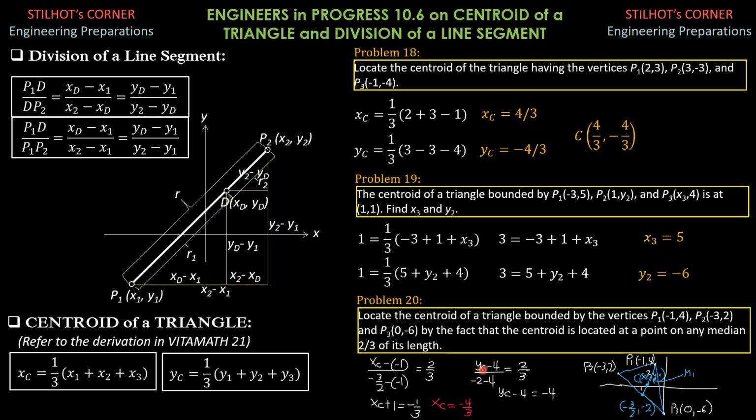So y sub c minus 4 is negative 6 times 2/3, which is negative 4. So cancel negative 4, y sub c is 0.